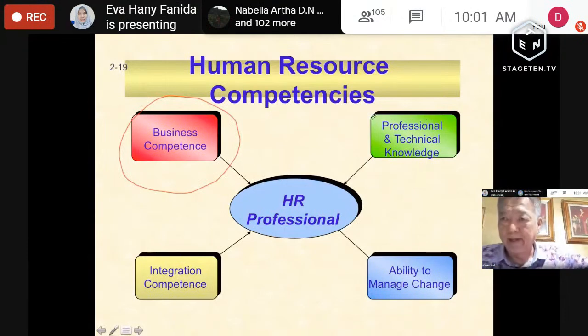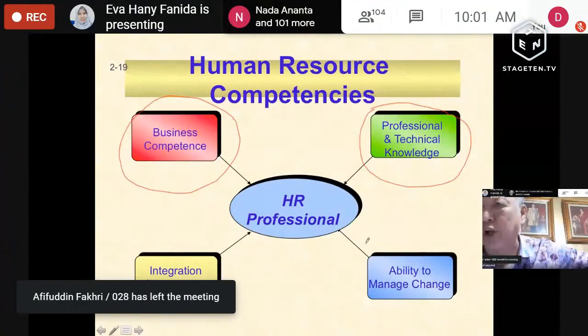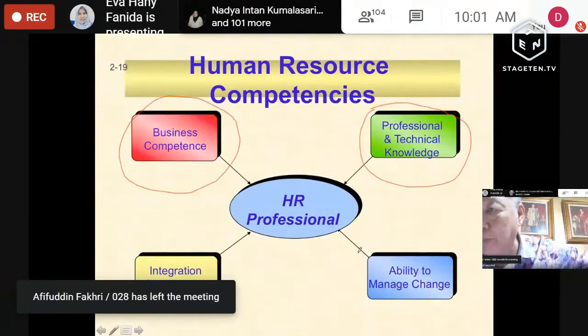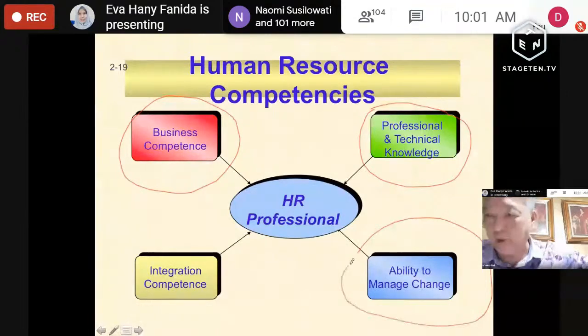The second one is professional and technical knowledge. If you want to be an HR professional, you need to know the functions of human resources, and be an expert in the process of human resources. And the last one is ability to change.